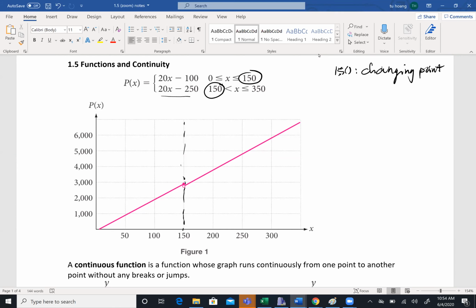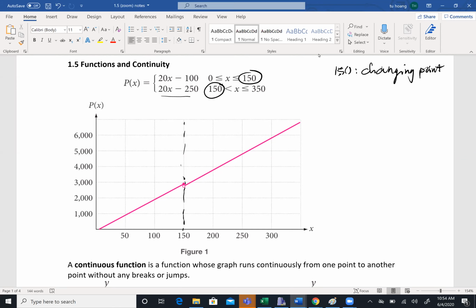They use 20x minus 250, and here you see there is a hole at x equal to 150 for the second part of P(x). So you can see that the graph is breaking at x equal to 150.